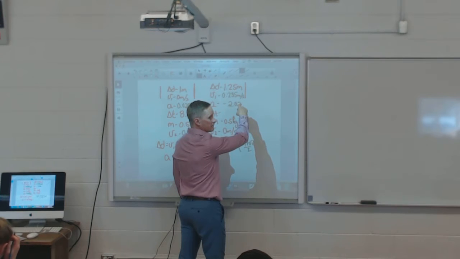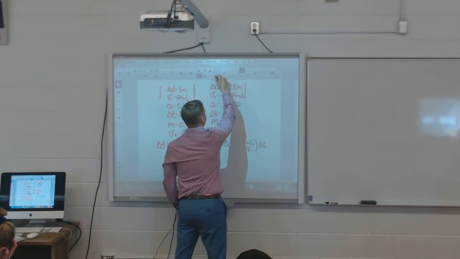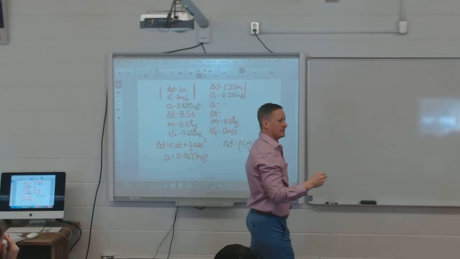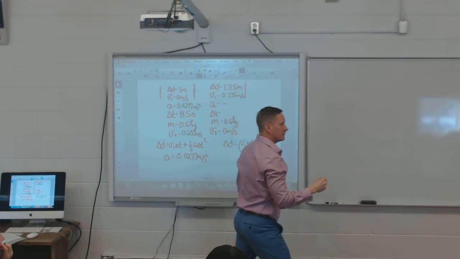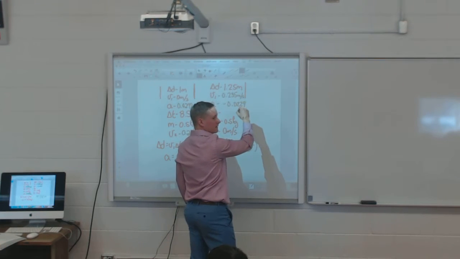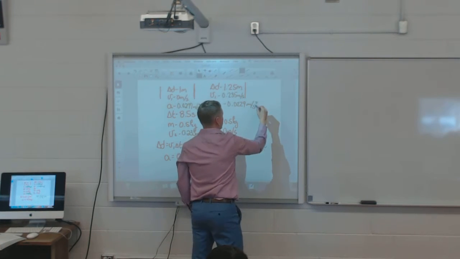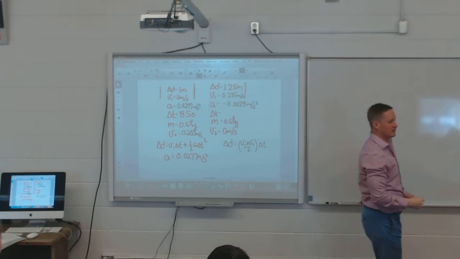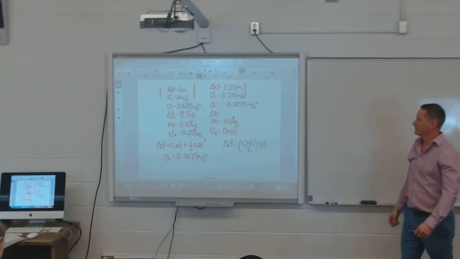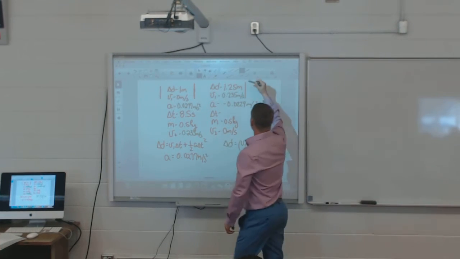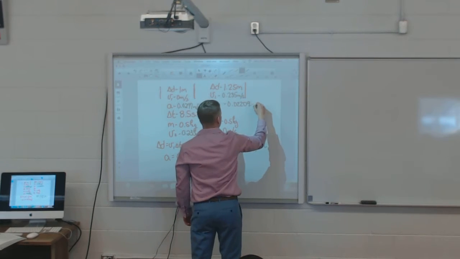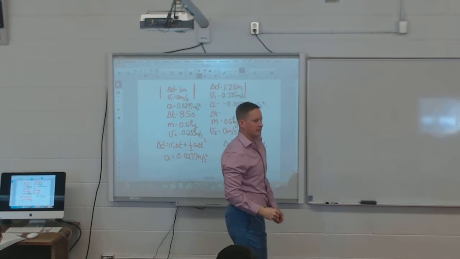Negative 0.02209. Is that what it looks like? Yep. Okay, thanks.